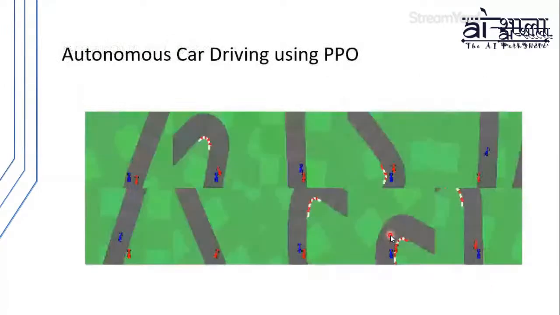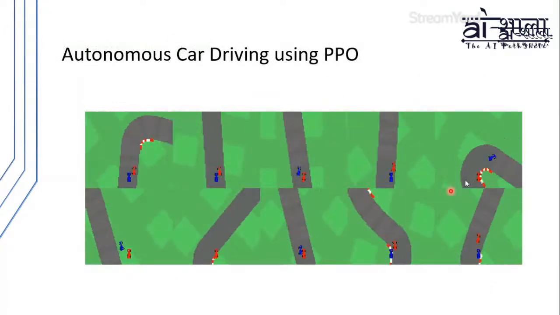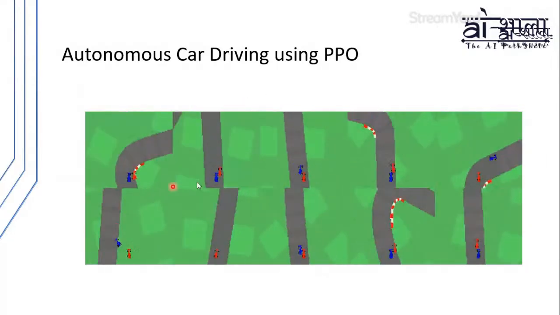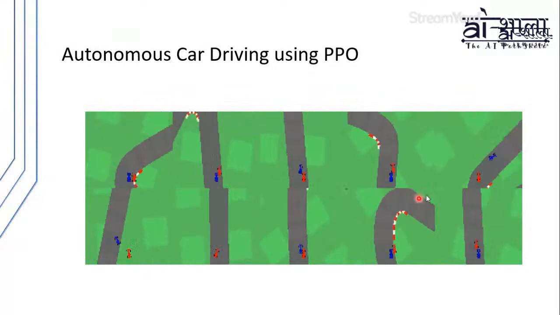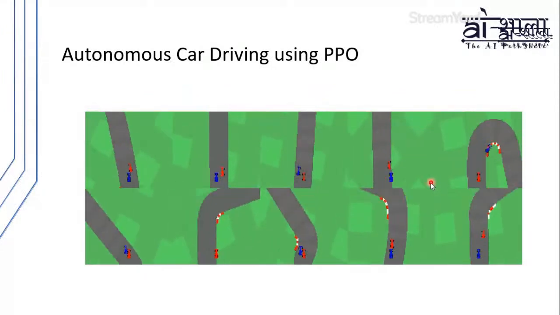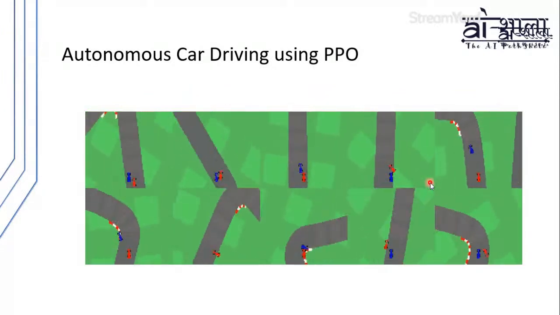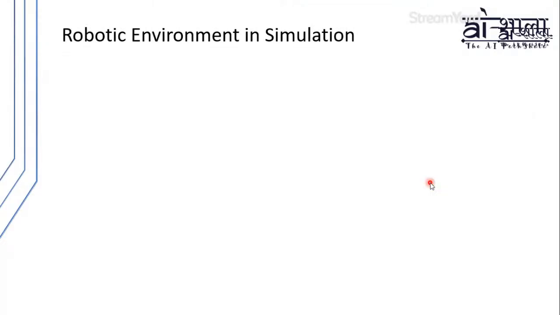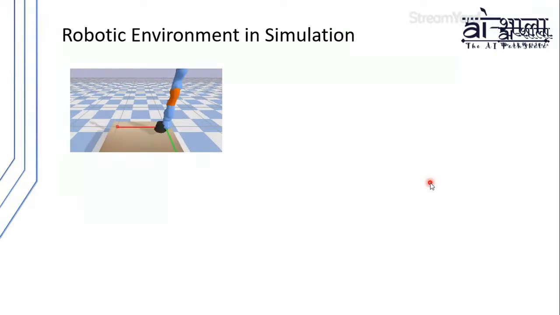Another example is autonomous driving using PPO. PPO is another RL based algorithm. It is learning how to drive on different terrains, and it successfully learns how to drive after a few iterations.